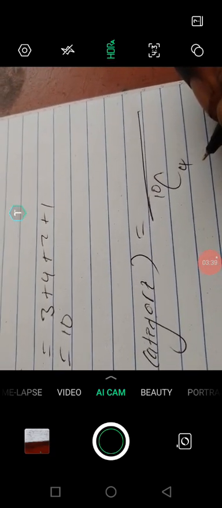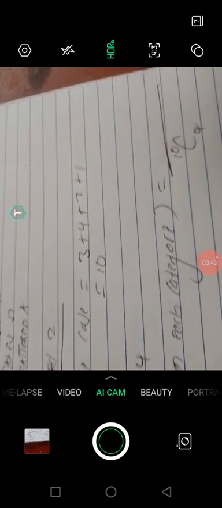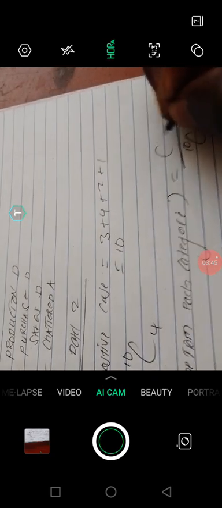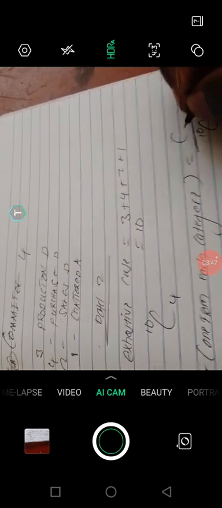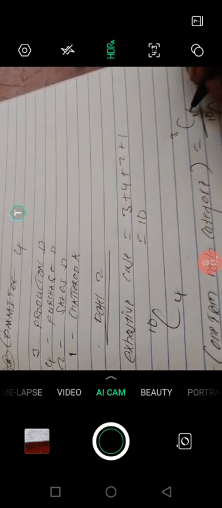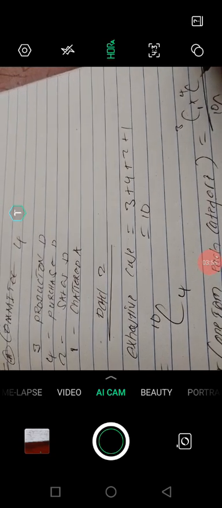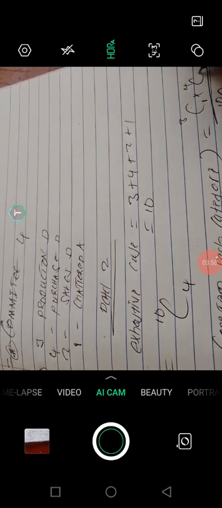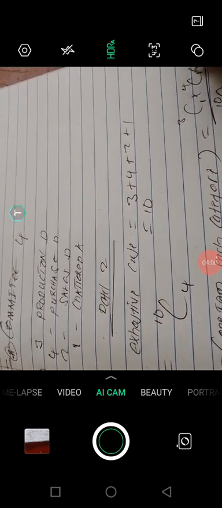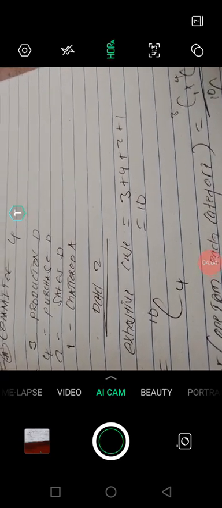So, 1 from each department. From production department, we get 1, so it will be 3 combination 1. Also in purchasing, the total is 4, so 4 combination 1, out of 4 get 1. Also in the sales department, there are 2, we get 1.